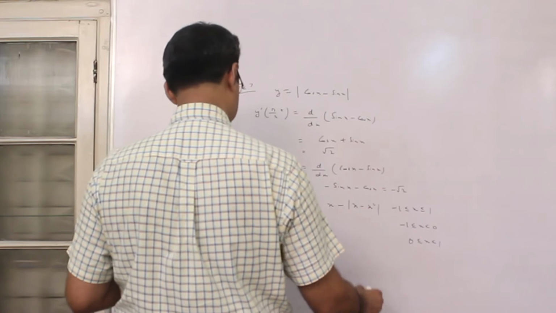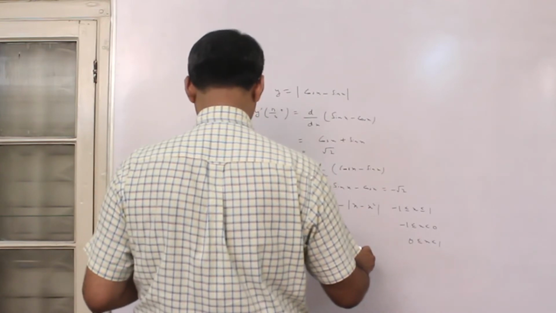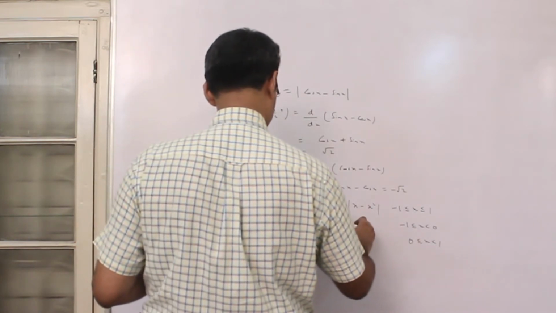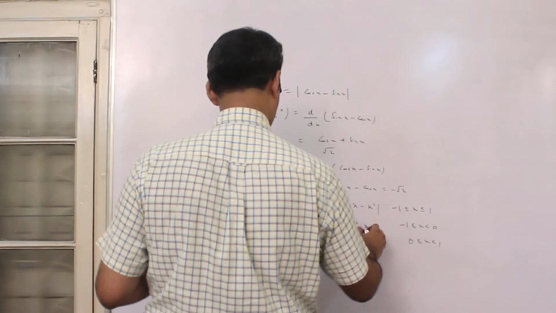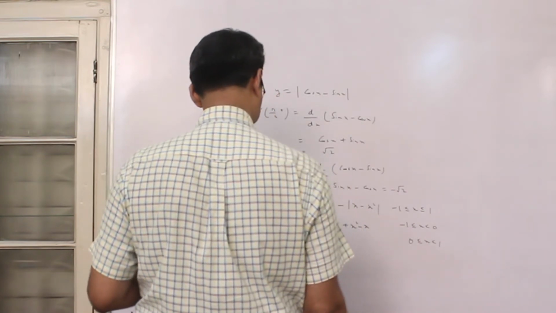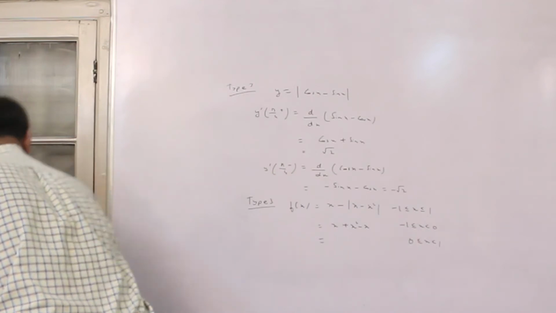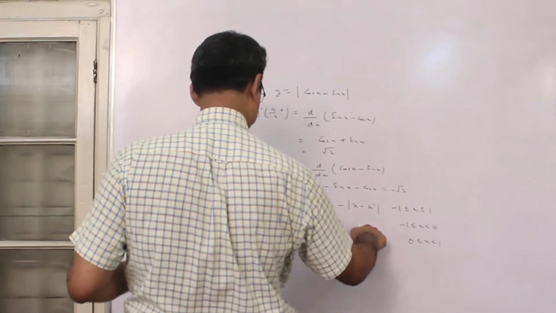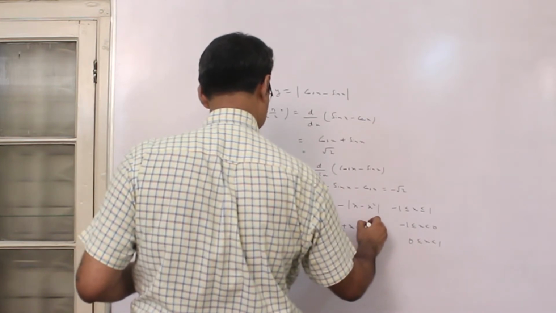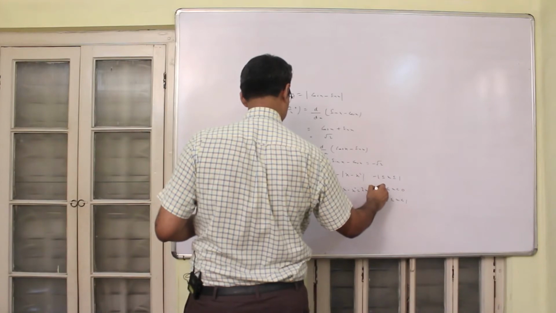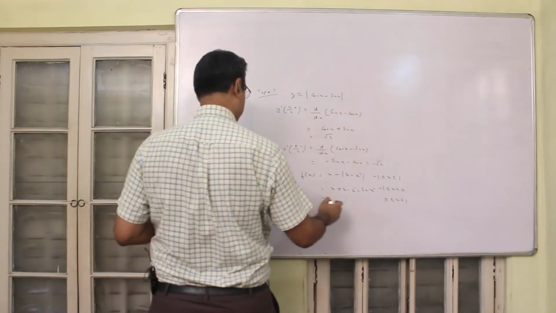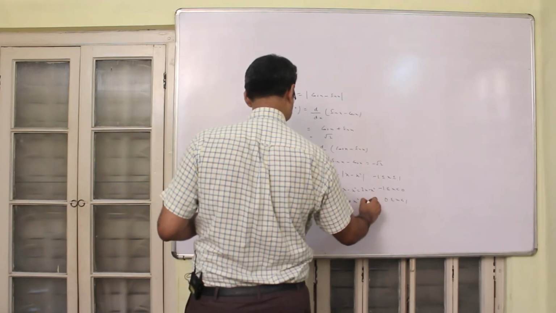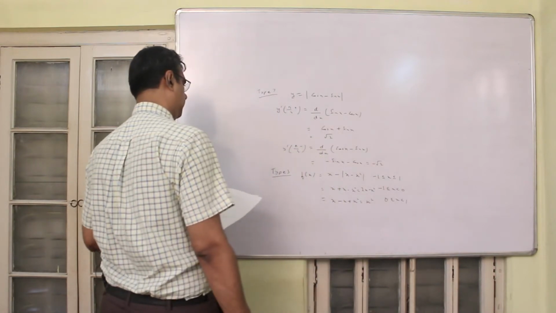So if the interval is minus 1 to 0, then it will be x plus x minus x square, which is 2x minus x square, and if it is 0 to 1, then it will be simply equal to x square.